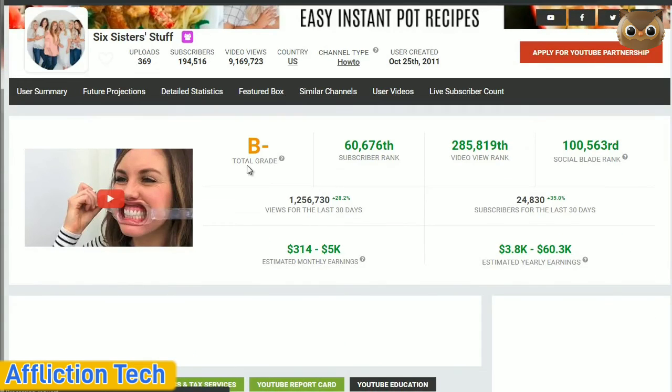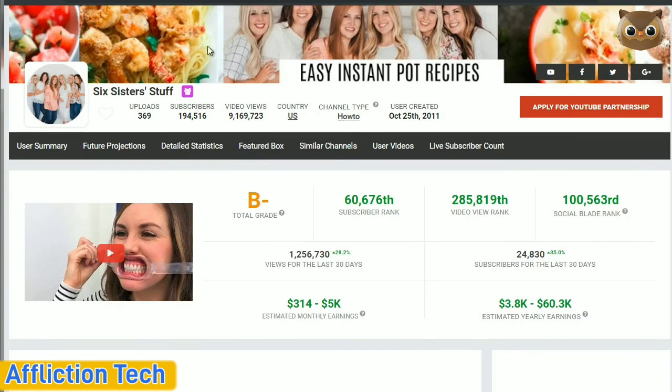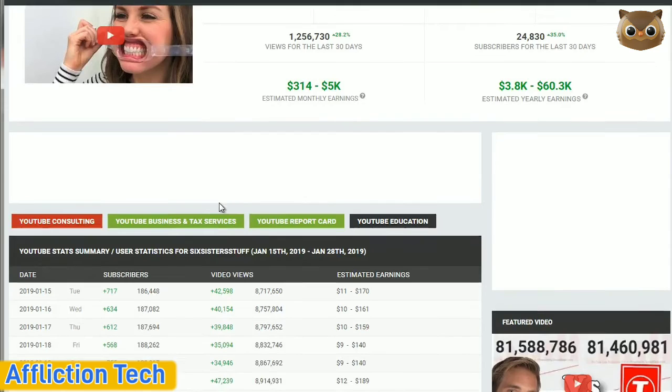So right off the bat, we can see that if we were to rank on the keyword Instant Pot, it's going to take a lot to break through. But the way we can break through is by using essentially subcategories of that keyword, like Instant Pot recipes or Instant Pot chicken recipe, stuff like that. We can see that each one of these has about 100 to 200,000 subscribers, so you're going to have to be competing against that.